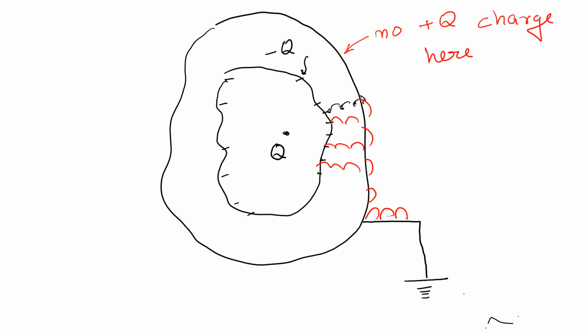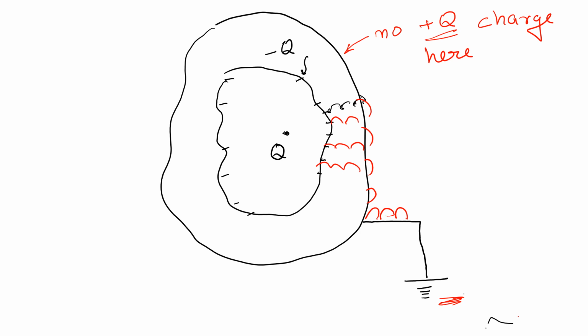This minus Q charge would hop from earth to the place where it wants to go. So there is no plus Q charge sitting here. This plus Q charge is coming from your earth, from your ground.